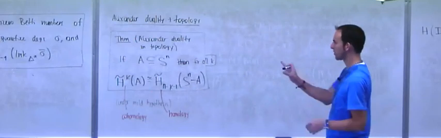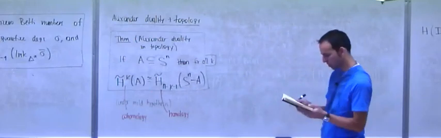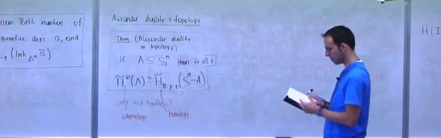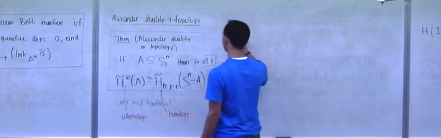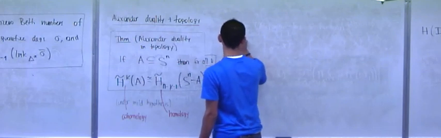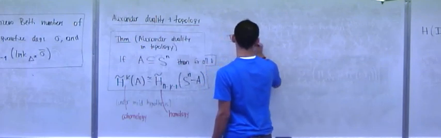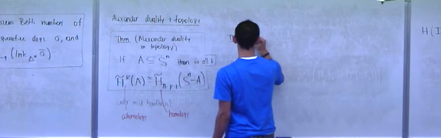So this is one version of the theorem. Now I want to give you a more combinatorial version of this theorem, but also topological.